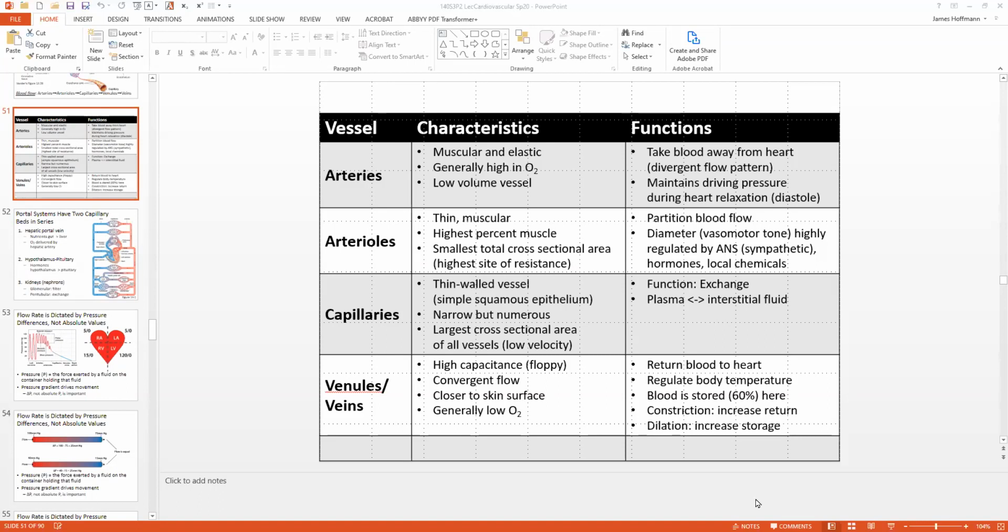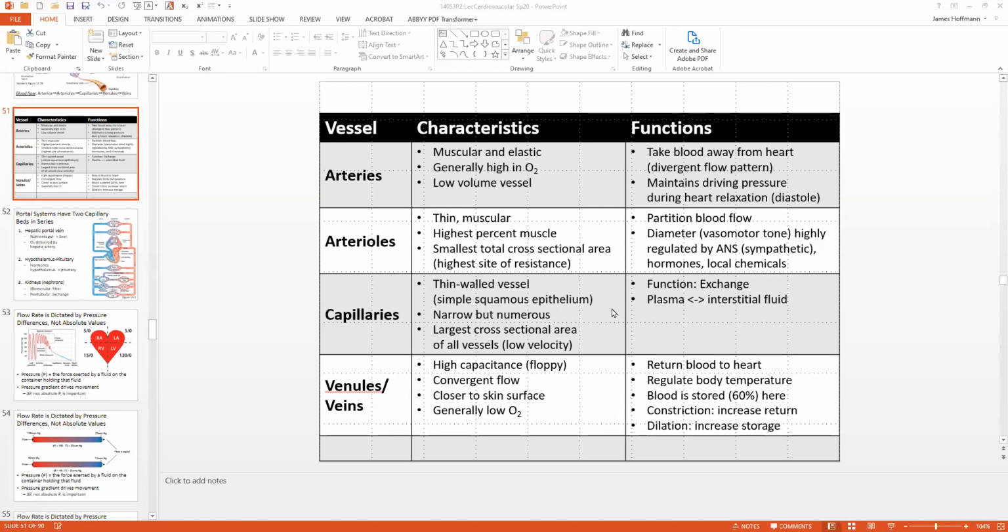On the converse side, all of the local chemicals, potassium, lactate, lactic acid, hydrogen ion, CO2, adenosine, histamine, all of those local chemicals cause dilation. And so make sure you understand that difference.